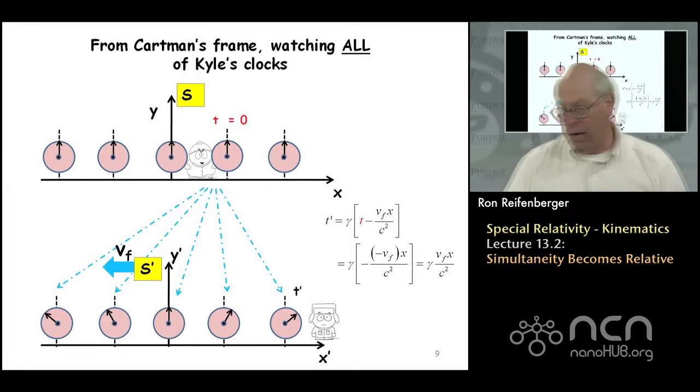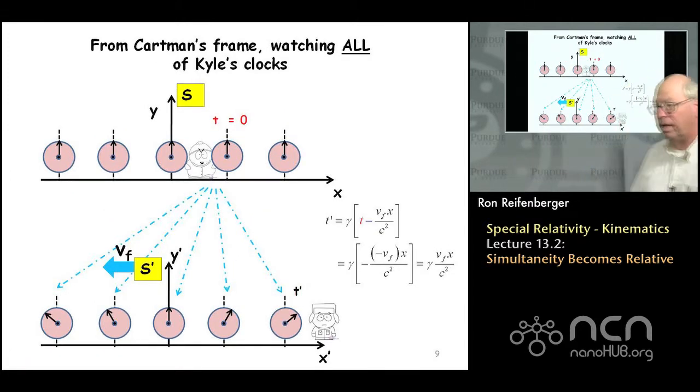And that's what I've got shown in this diagram. So now the guy in the rest frame, this is the frame S prime, and he sees all of his clocks being synchronized at t equal to 0. He'll see this moving reference frame zooming by him in the negative x direction at a velocity v.